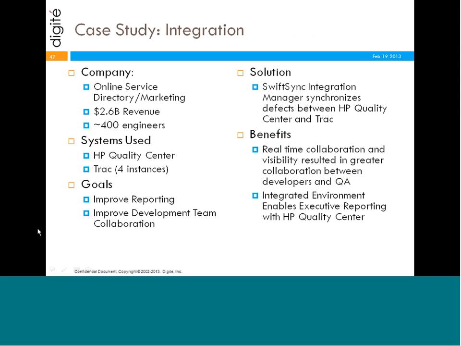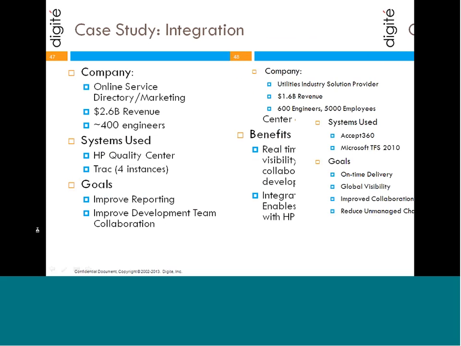And they decided to get SwiftSync and use that to synchronize defects between HP Quality Center and Track. And within about 6 months of their implementation, the benefit that they were able to get was real-time collaboration and visibility, resulting in greater interaction between the development and QA, and an integrated environment that allowed executive reporting with the HP Quality Center. So something that they were not able to do earlier.